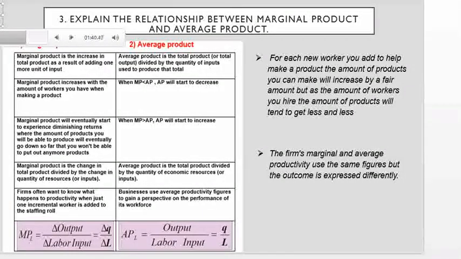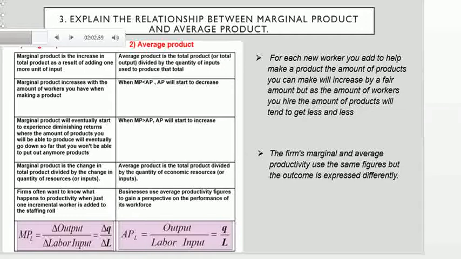Coming to the next point, marginal product is the change in total product divided by the change in quantity of resources or inputs. And average product is the total product divided by the quantity of economic resources or inputs. Furthermore, firms often want to know what happens to productivity when just one incremental worker is added to the staffing role.